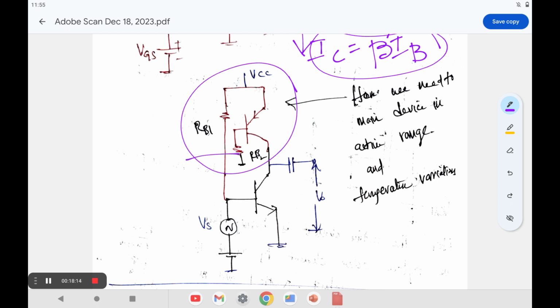This biasing variation is also related to temperature variations or power supply variations. Here also there may be changes in the collector current due to temperature and supply voltage issues, because the bipolar junction BJT is a temperature sensitive device.